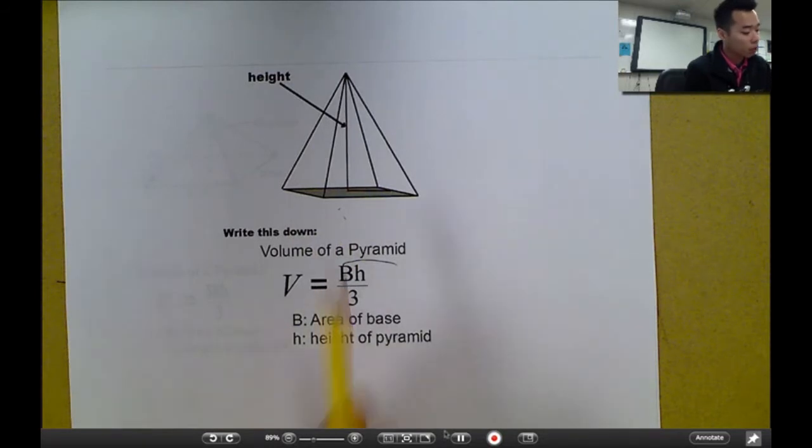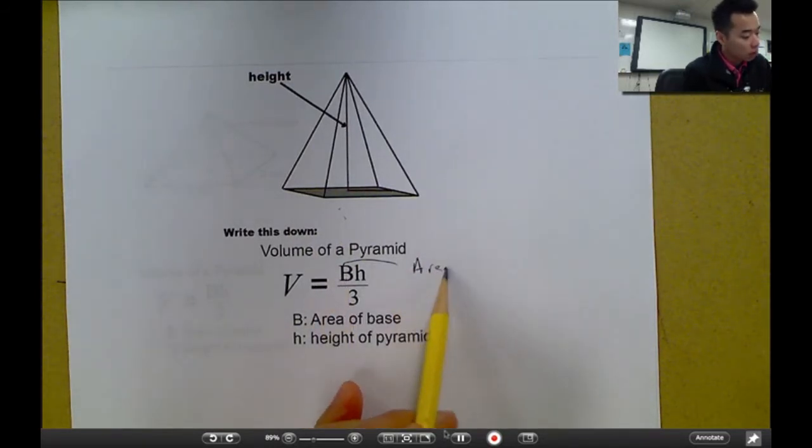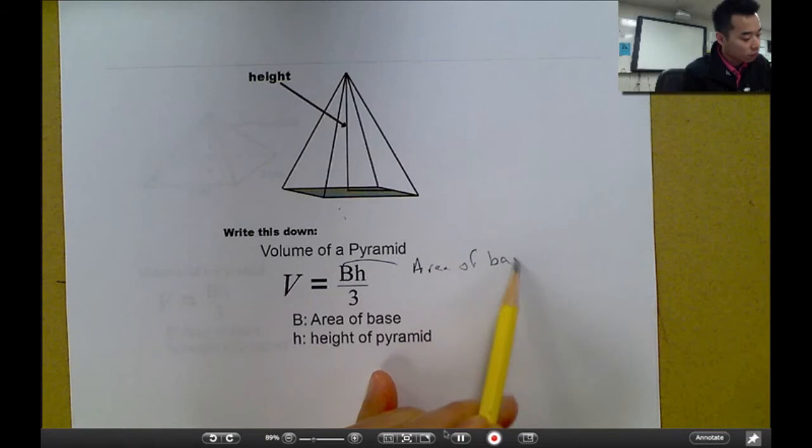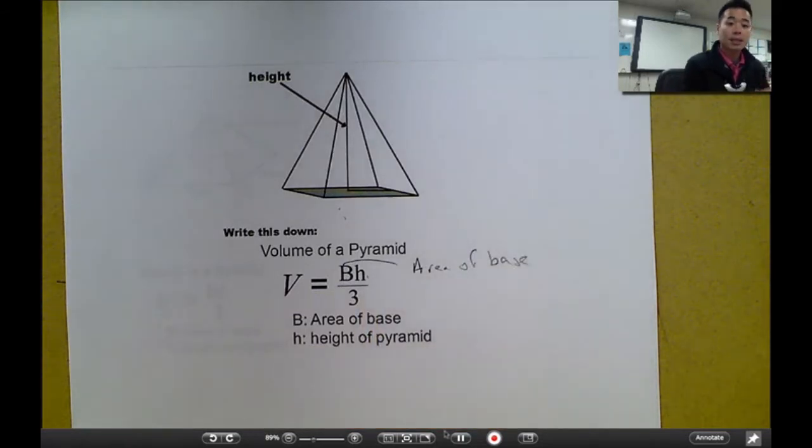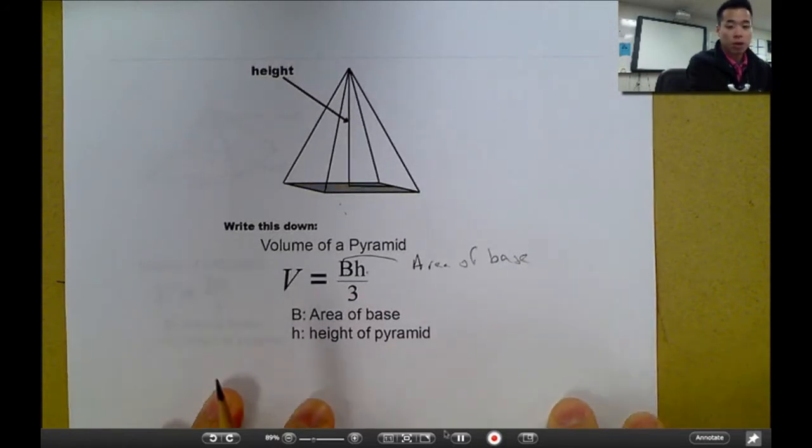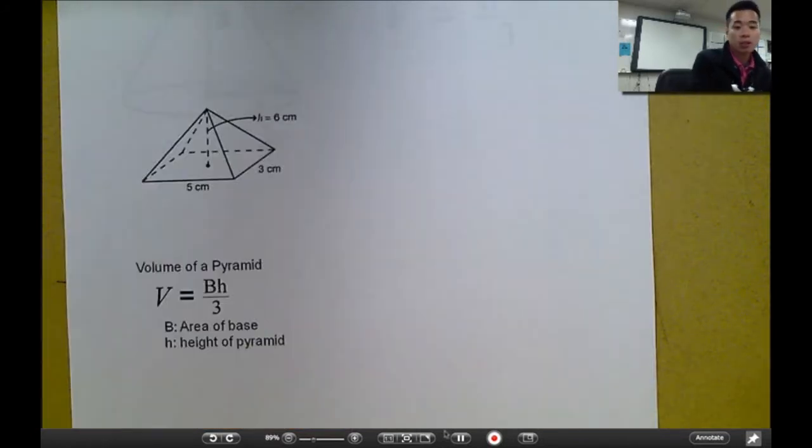So capital B will always be the area of the base, and then height is the one that connects the base to the top. We also know that one rectangular pyramid will fit in a rectangular prism 3 times. That's why we divide by 3. Make sure you have that formula down and this picture. Pause it if you must, and then copy it down. Okay, let's get into it.